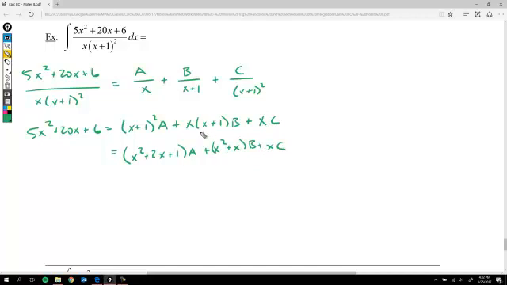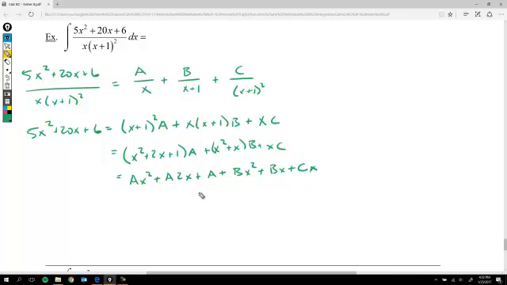All right, and then I'm going to distribute my A and my B values as well. So I have Ax squared plus A times 2x plus A plus B times x squared plus B times x, and then plus C times x.